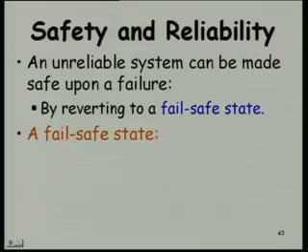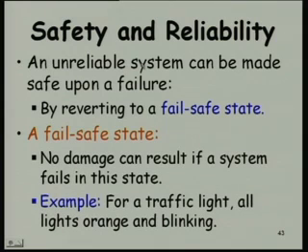So, it is an unreliable system, but we have made it safe just by transiting to a safe state during failure. A safe state is one where no damage will result if the system fails in the fail safe state. So, if a fail safe state exists, we can convert an unsafe unreliable system to a safe system. We will just transit to the safe state.